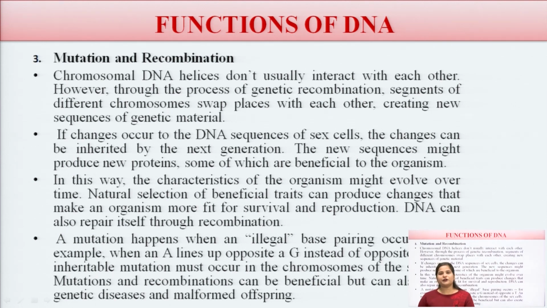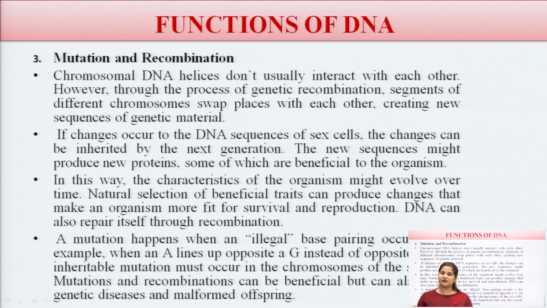Now, mutation and recombination. The chromosome DNA helices do not usually interact with each other. However, through the process of genetic recombination, segments of different chromosomes swap places with each other. If some changes occur in the DNA sequence of the sex cells, the changes can be inherited by the next generation.